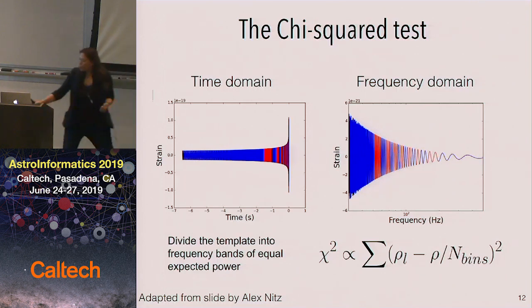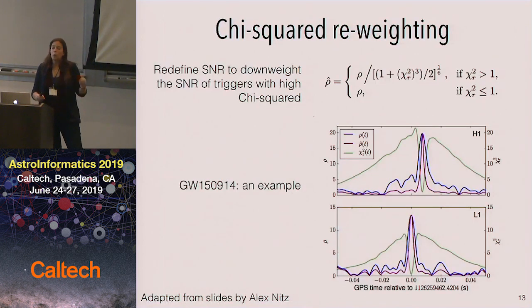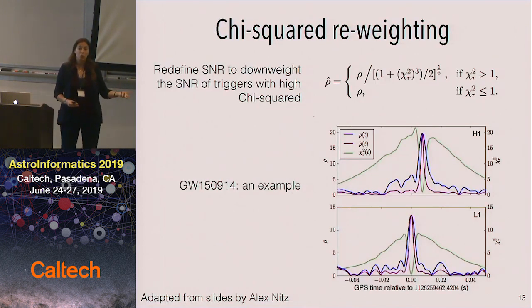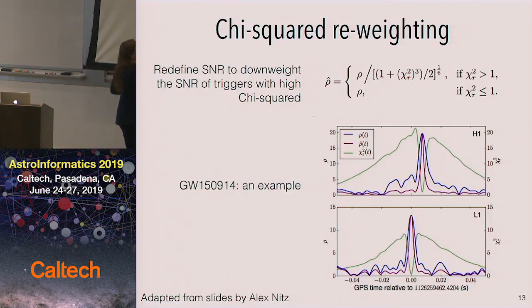So what we do is re-weight this detection statistic. We take our original detection statistic, the signal-to-noise ratio, which again is related to the cross-correlation between my model and my data. If chi-squared is about equal to 1, then we do nothing. It doesn't have an effect. If chi-squared is greater than 1, then I introduce this down-weighting factor. There are a couple of examples here.